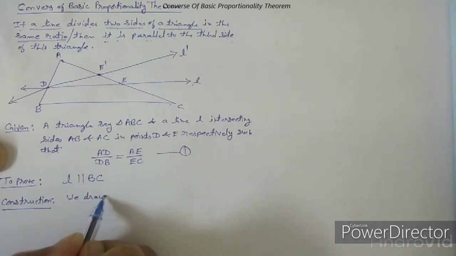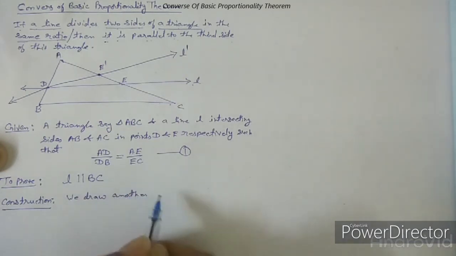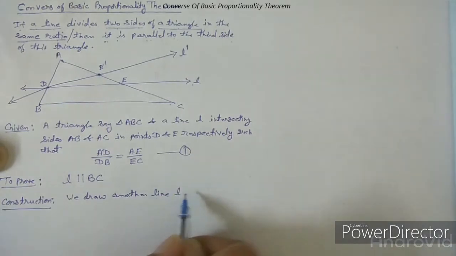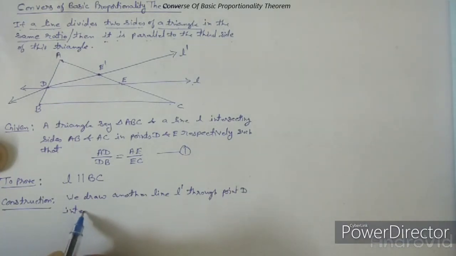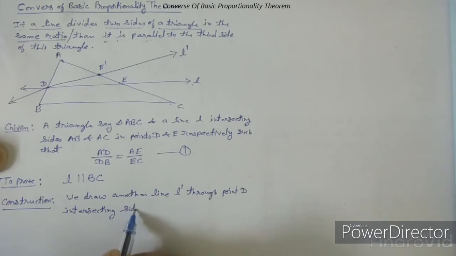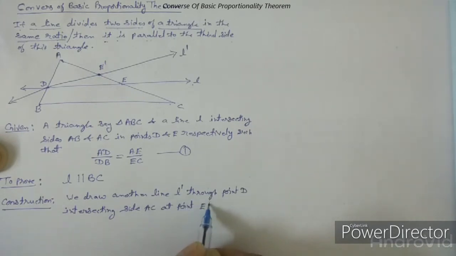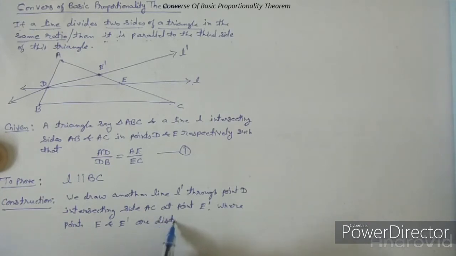We draw another line L dash through point D intersecting side AC at point E dash, where points E and E dash are distinct points.